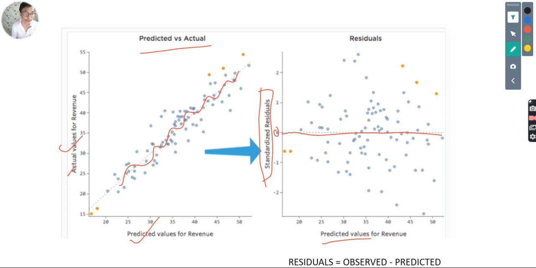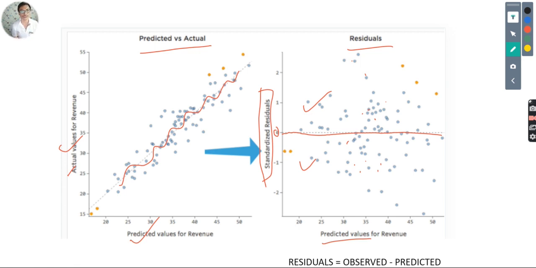If it is more than the actual value, you can find it on the positive side. Less than the actual value, you can find on the negative side. That way you can find a distribution of the whole plot of the y values, right? This is called residuals, and it is a kind of residual plot.